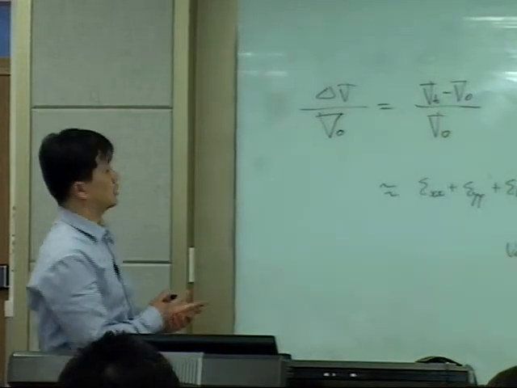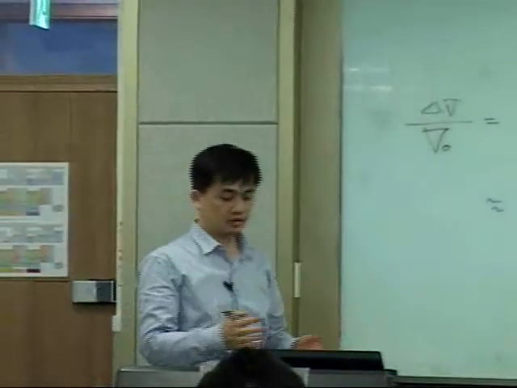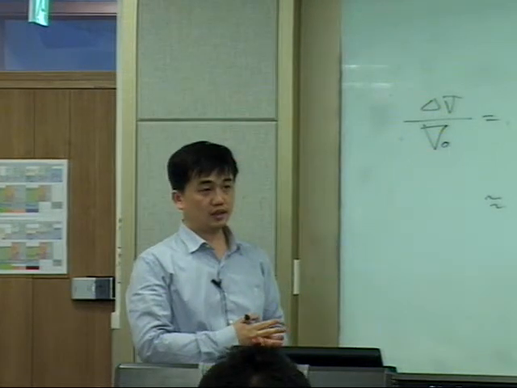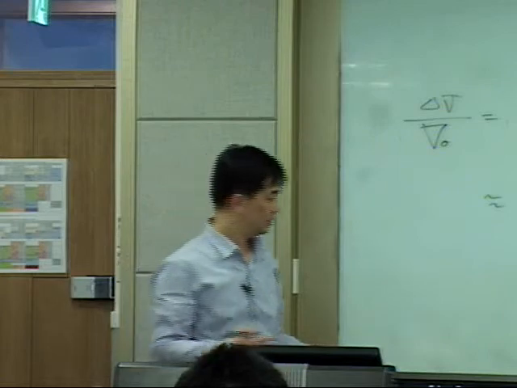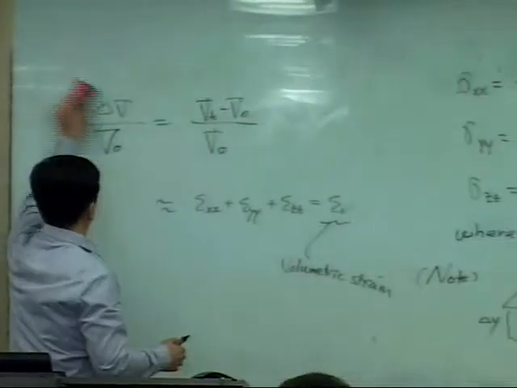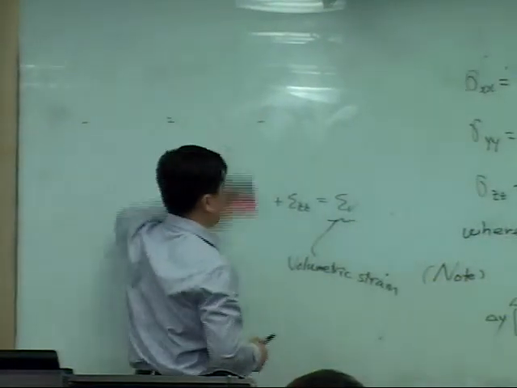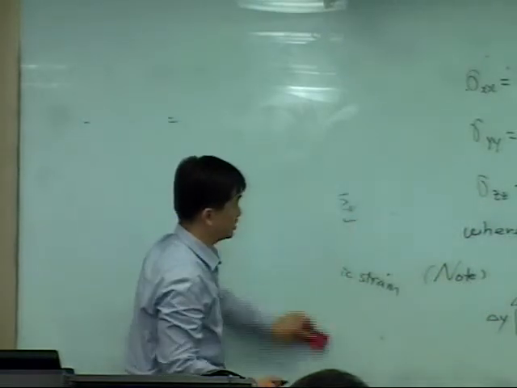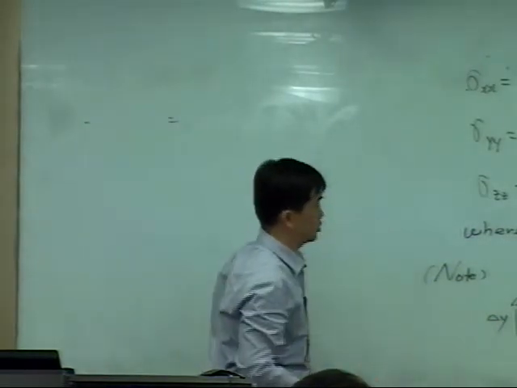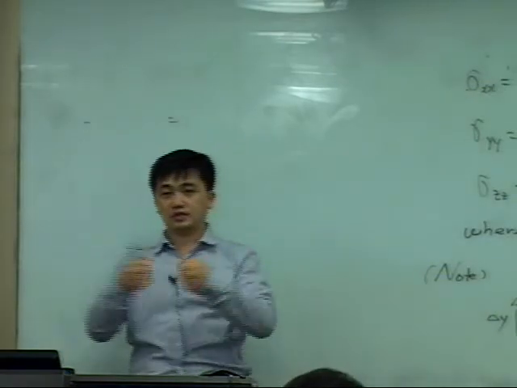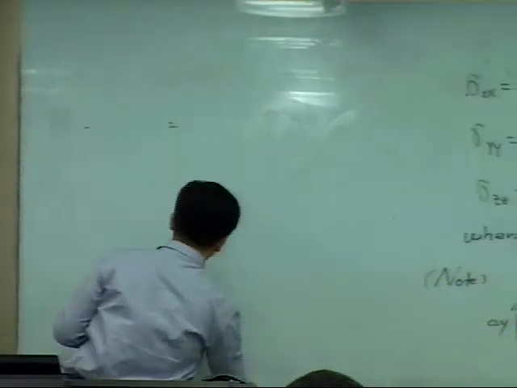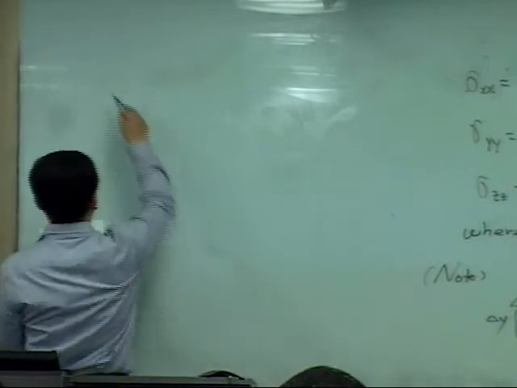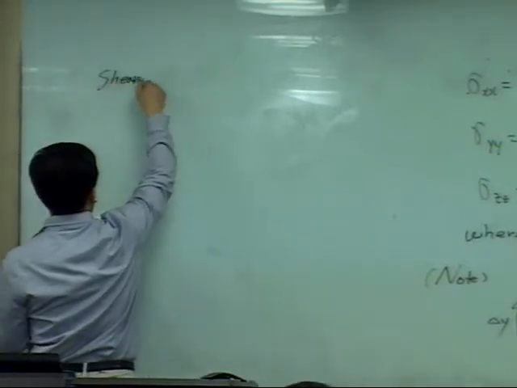So up to this point, I only talked about normal strain and normal stress, but we have shear strain and shear stress, right? We can calculate the Poisson ratio and Young's modulus from the 1D tension test, right? Let's do the other experiment, the shear test.